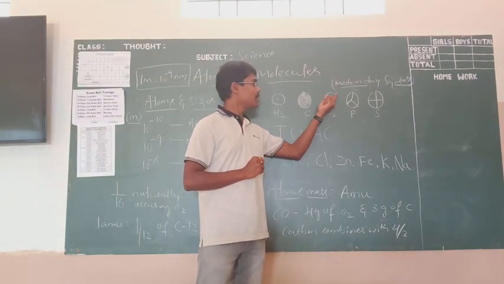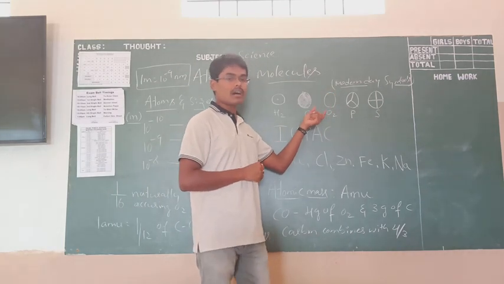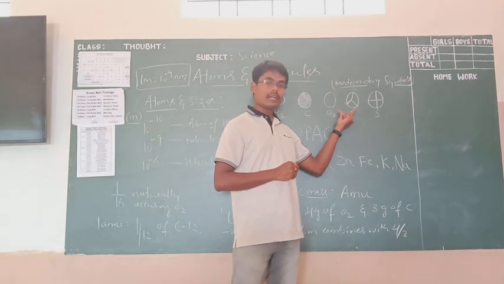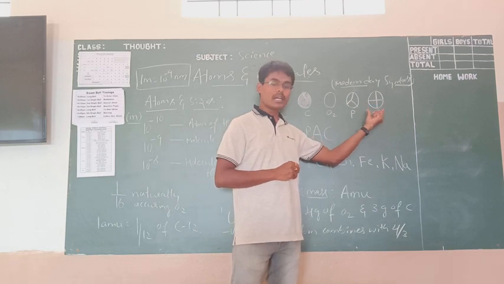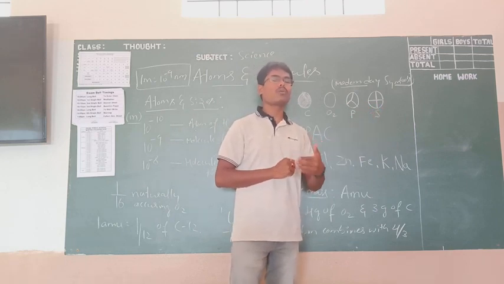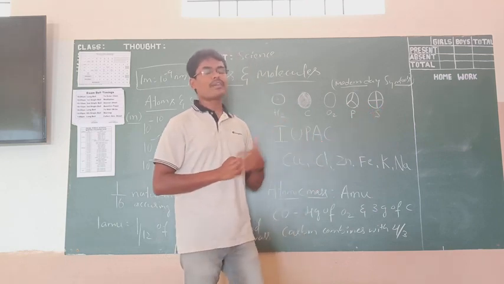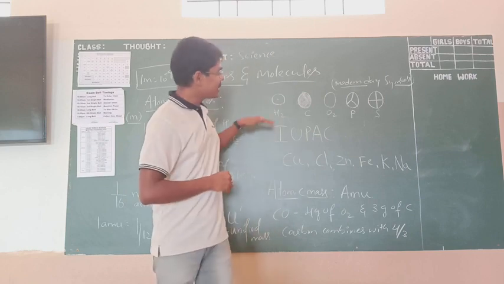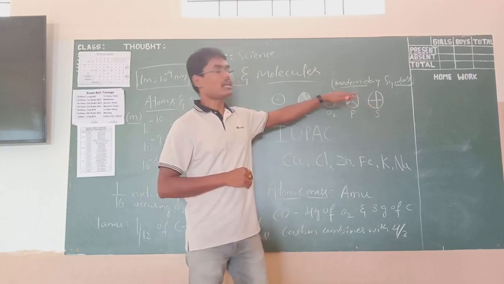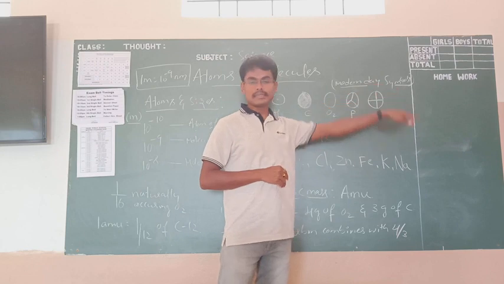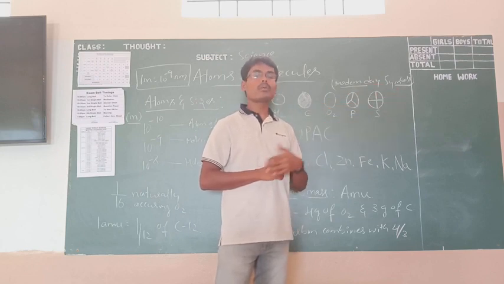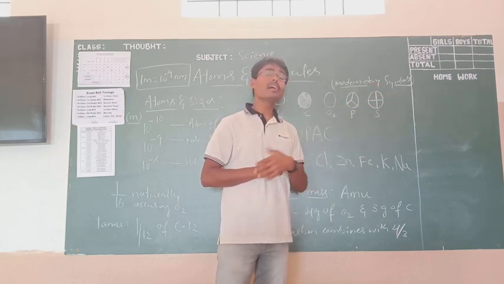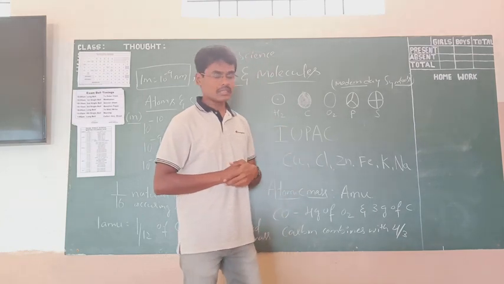The next one, simply a blank circle, indicates oxygen, and this is phosphorus, and this one is sulfur. Like that, in modern days we abbreviate the different elements by taking different symbols. That's why I have written here modern day symbols. This is how we represent an element or different chemical substances.